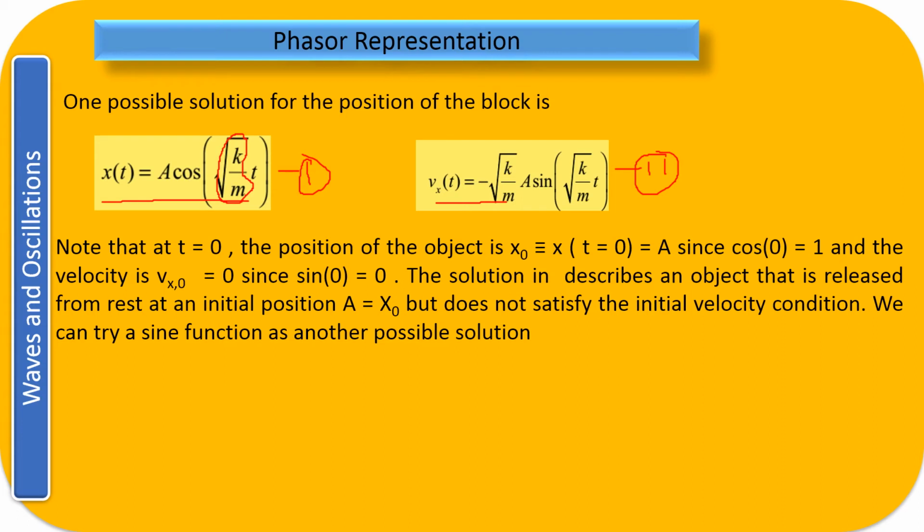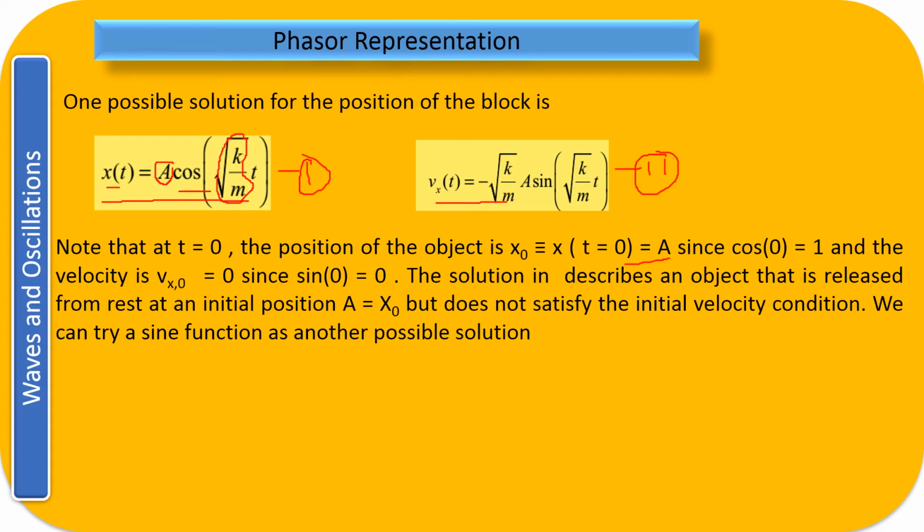Now what we can say, at t equal to 0, now you see equation number 1. If I say t equal to 0, so here cos 0, and cos 0 is 1. So at t equal to 0, the displacement is equal to a, and a is nothing but your amplitude. This is what I have written over here, right?